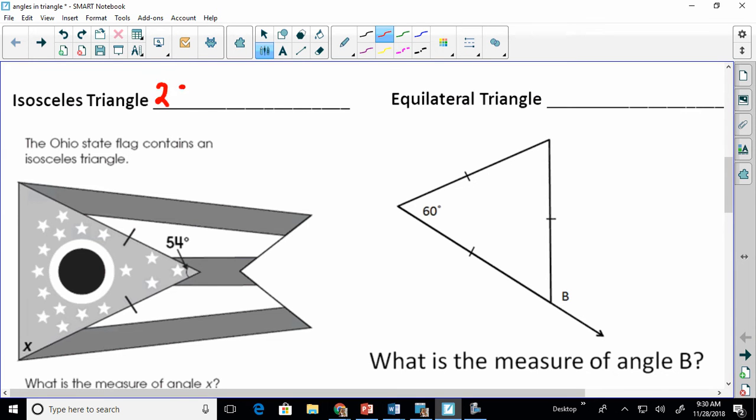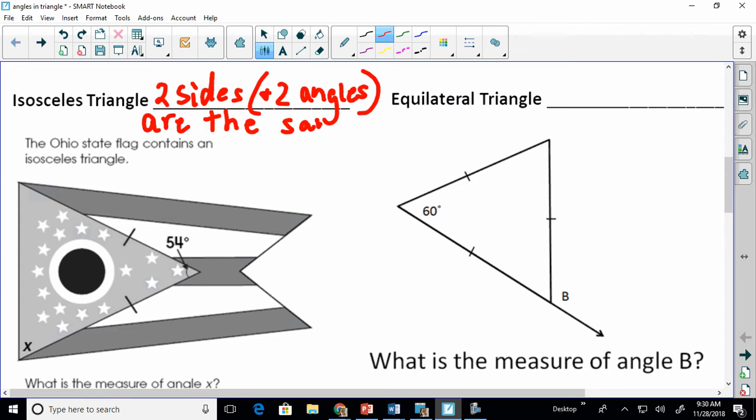That's where 2 sides, and 2 angles, are the same. So if we look at this one here, this side and this side are the same. So those angles that are opposite, this one and this one, are going to be the same.